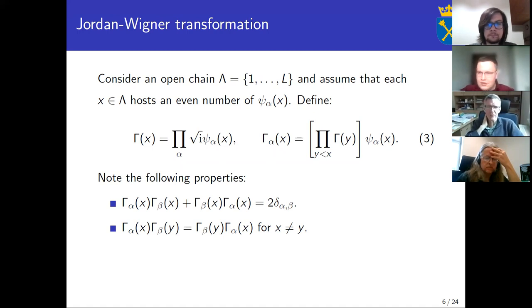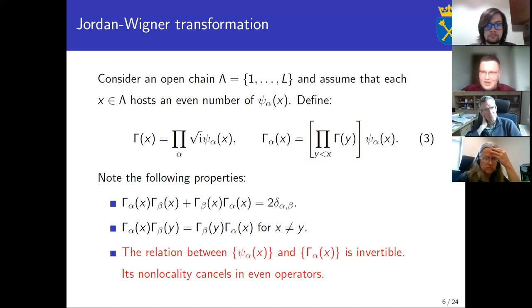And this follows from the elementary anti-commutation relations. Yes, this is just an elementary calculation. What is crucial here is that, first of all, the relation between these psi alphas and gamma alphas is invertible, so it is easy to express fermions in terms of these gammas. Furthermore, this relation is non-local, but this non-locality cancels in even operators.